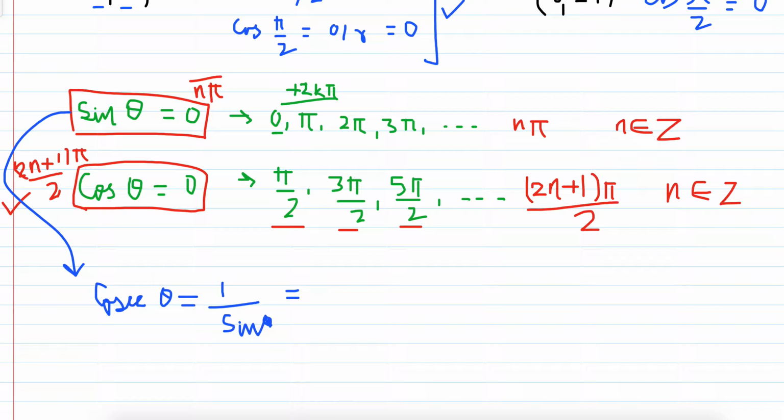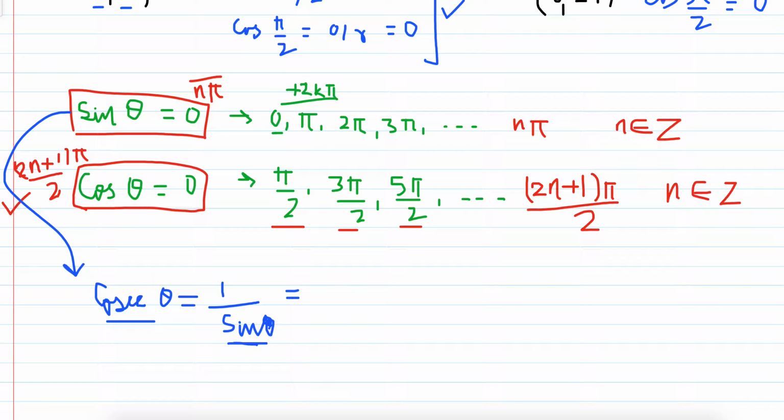So for any rational function which is expressed as a ratio of two functions, f(x) divided by g(x), the denominator should not be equal to 0 for that function to be defined. So here we have seen that sine theta can take the value 0 at multiples of pi.